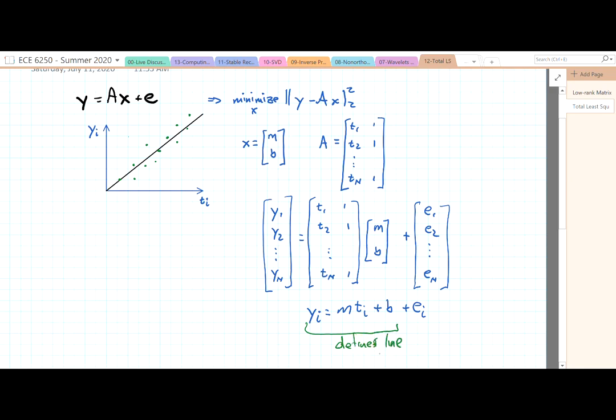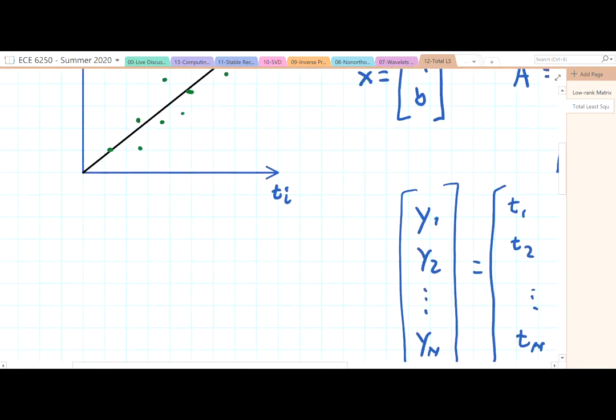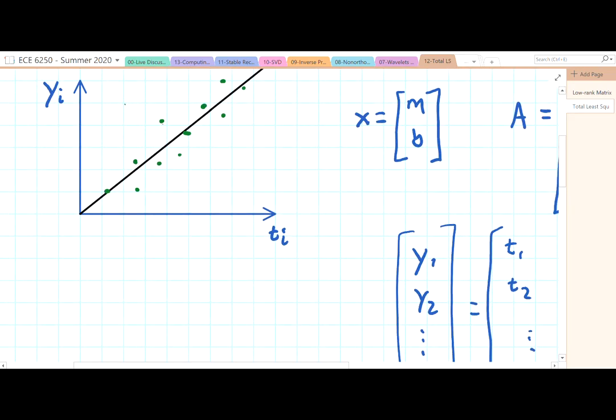And we're trying to find the m and the b such that the squared error is minimized. So what is that squared error? Well, the squared error is the y offset. So we are minimizing these distances right here.